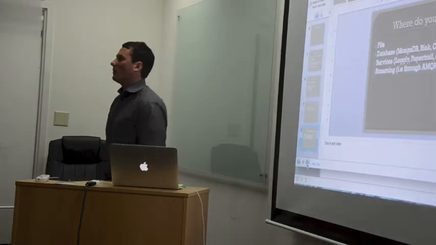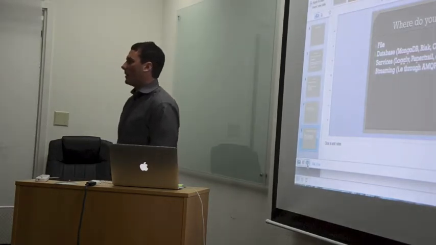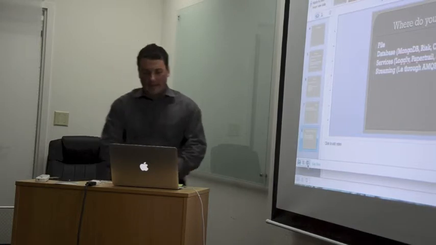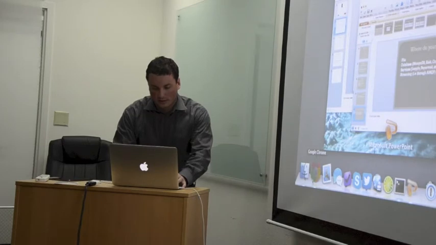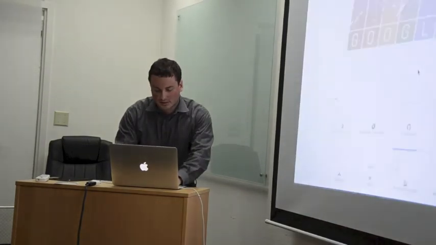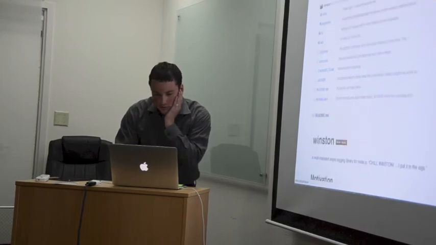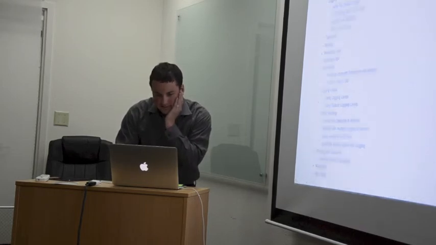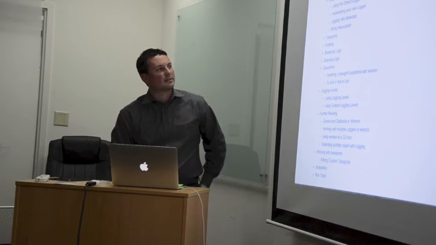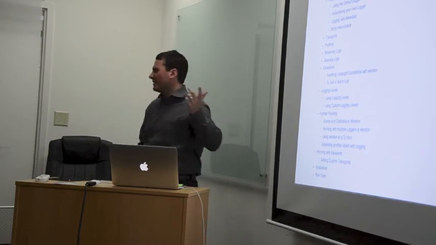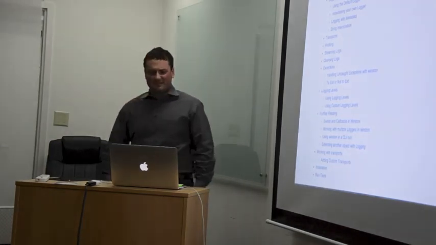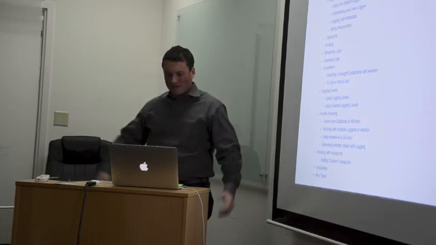Bunyan and Winston approach logging in different ways. Winston tries to be the be-all, end-all of everything when it comes to logging. They'll do things like performance checks, profiling that adds a log message.